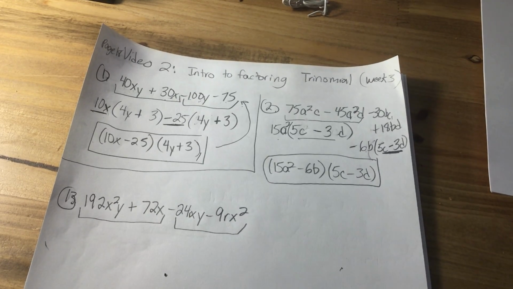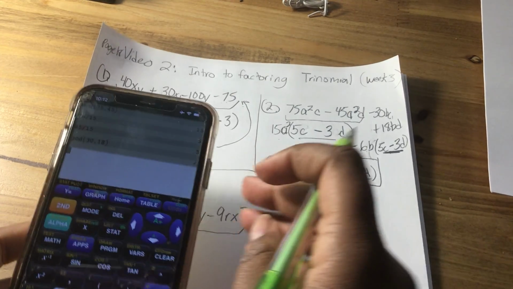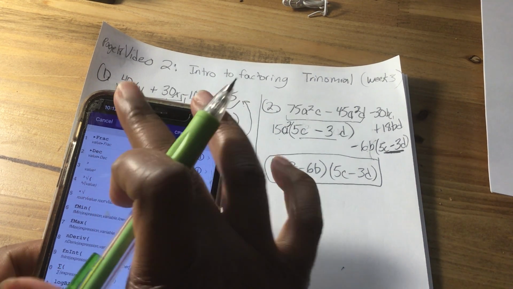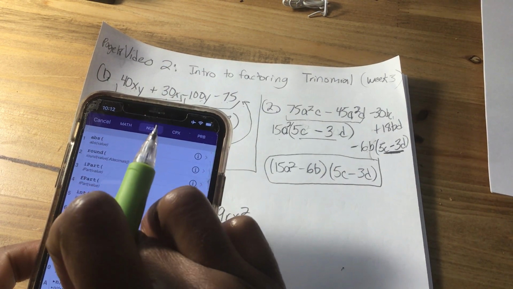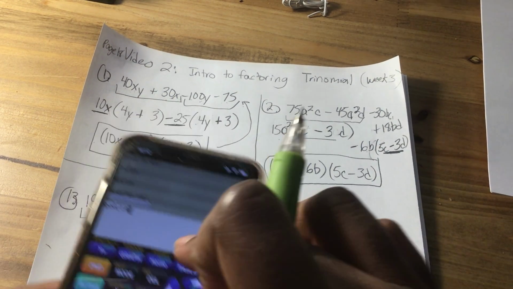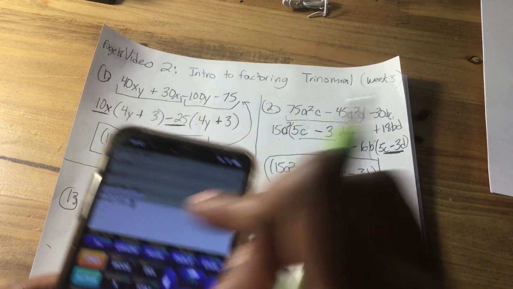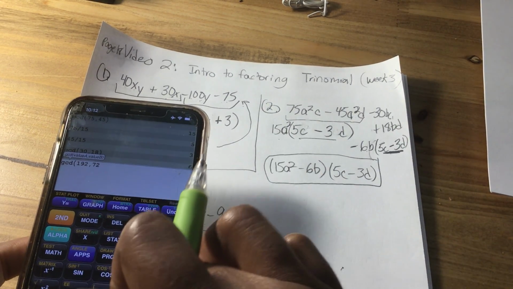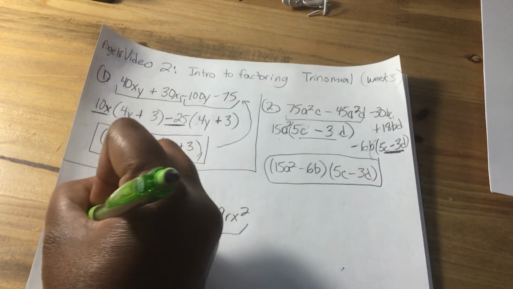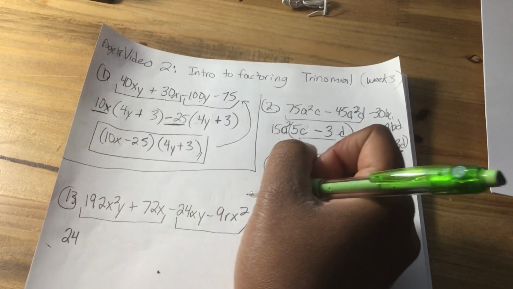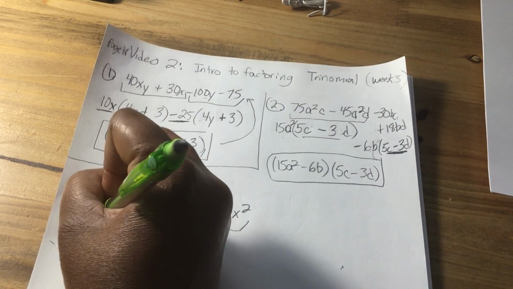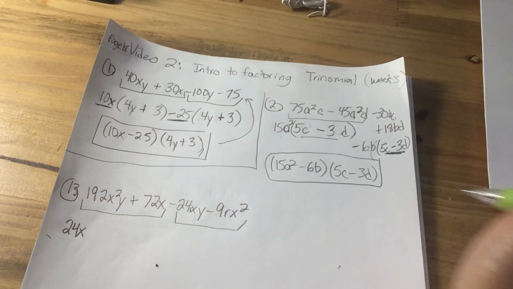When you do that, you can go to your calculator again, go to math, over to num, GCD. You're doing 192, comma 72. Okay, and that is going to give you 24. So you're going to take out a 24. They both have at least one x in common, and they don't have any other variables in common.